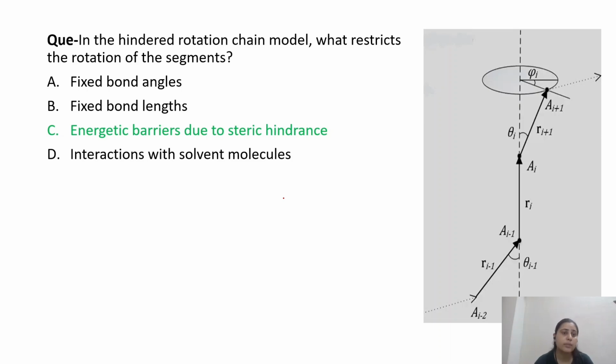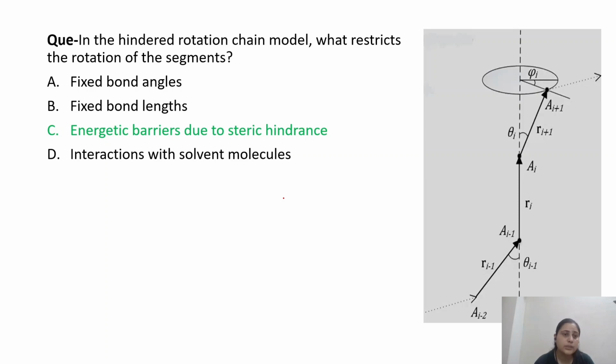Why the segmental motion is restricted is because there are energetic barriers due to steric hindrance, which is because of the other groups.